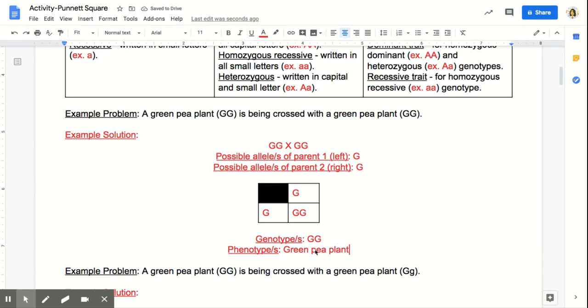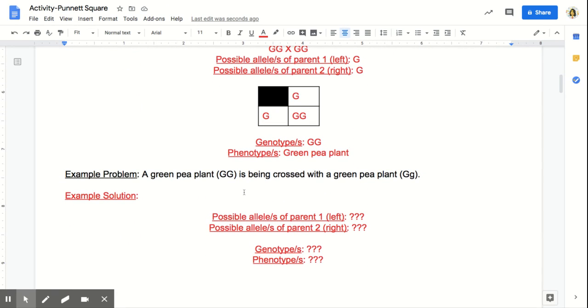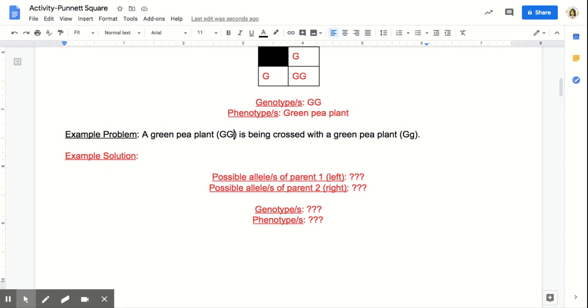All right? So what will happen if the crossing is between, let's say, yellow? So we know now that the recessive is yellow. What will happen if it's going to be a crossing of two homozygous recessive, or two yellow pea plants?